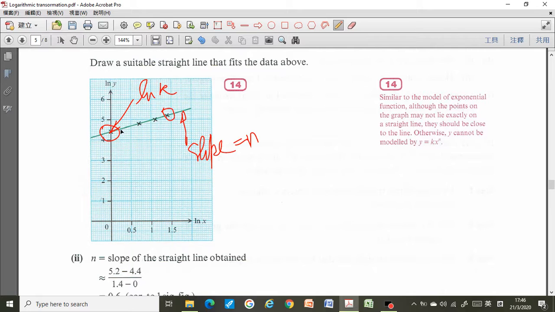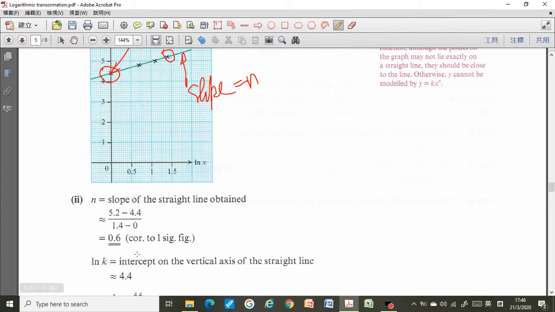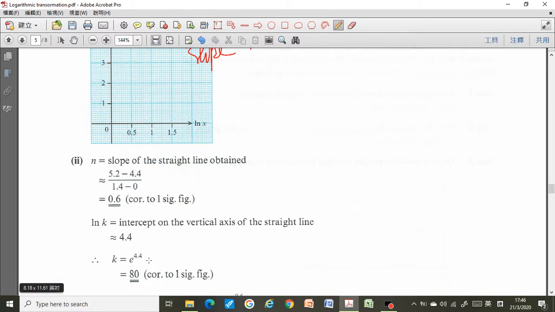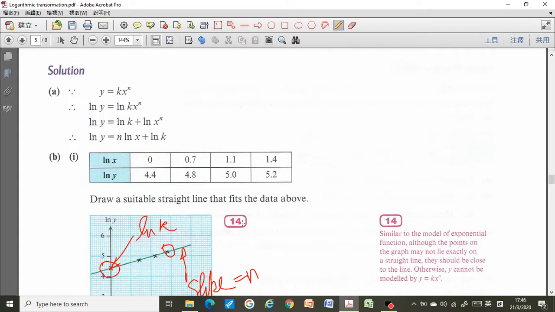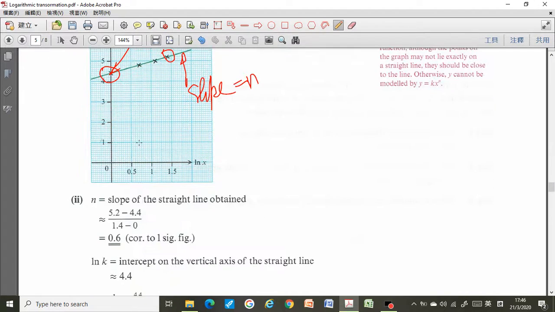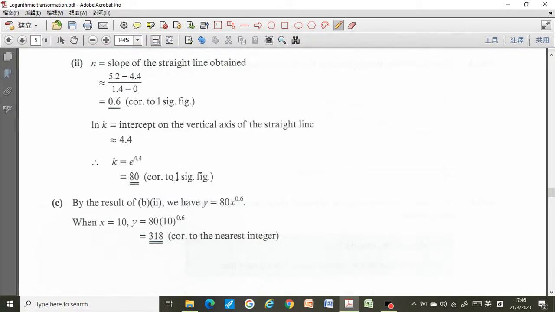But for log k, we still have log k equal to a positive 4.4, so k is equal to e to the power 4.4. Then you get k equal to 80. Then you put back k equal to 80 and n equal to 0.6. You will get an expression like this: y equal to 80 times x to the power 0.6.